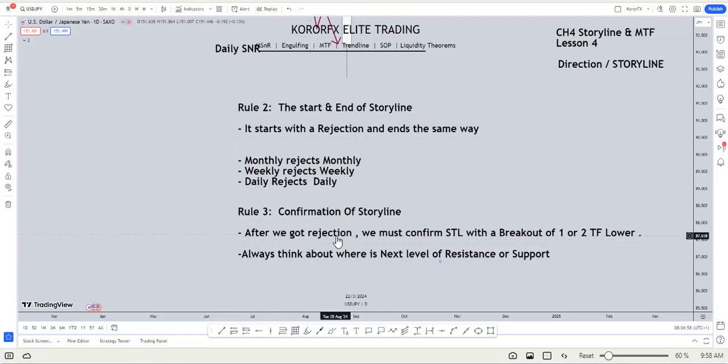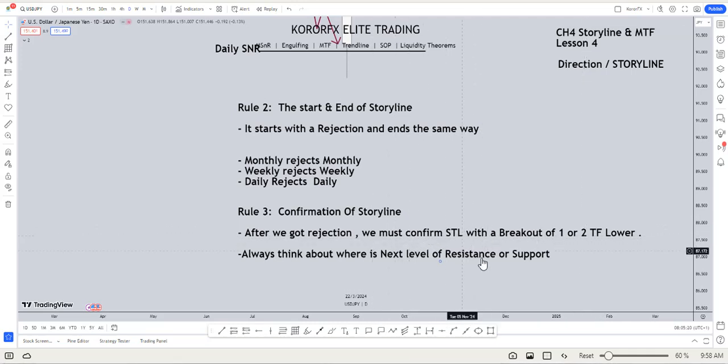So after we get a rejection, we must confirm the storyline with a breakout that will take place one time frame lower or two time frames lower. I will show you both, one time frame and two time frames lower, and how it will form the breakout.